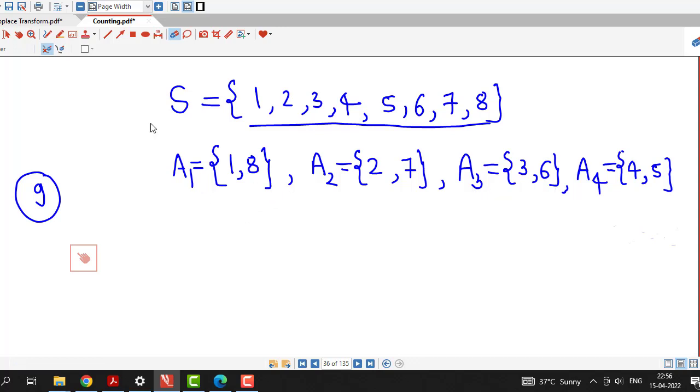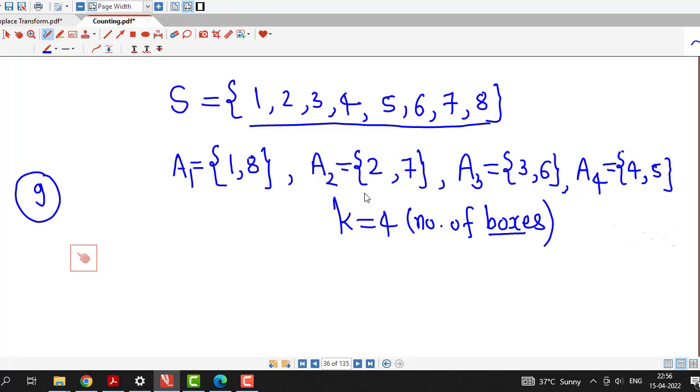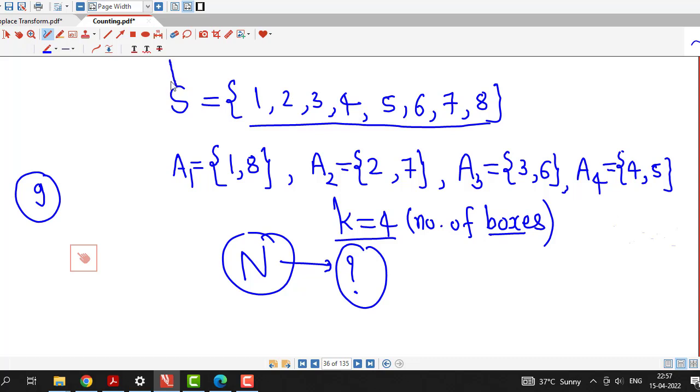So we will consider this 4 as the number of boxes, k equal to 4 here, and the boxes are these sets, A1, A2, A3 and A4. Now we have to decide the number of elements which we will denote by capital N. We have to find the number of elements from this set capital S such that two of the selected numbers add up to 9.